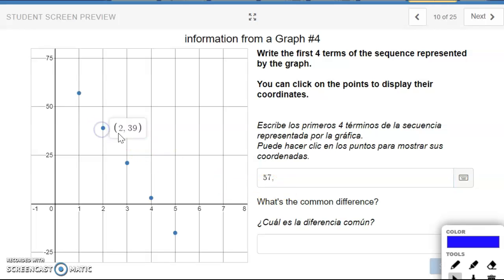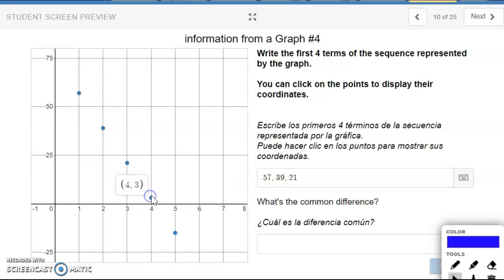It gives me, when n is equal to 2, a sub n is 39. So I can write 39 here, comma, and then for the third term, when n is 3, a sub 3 is 21.